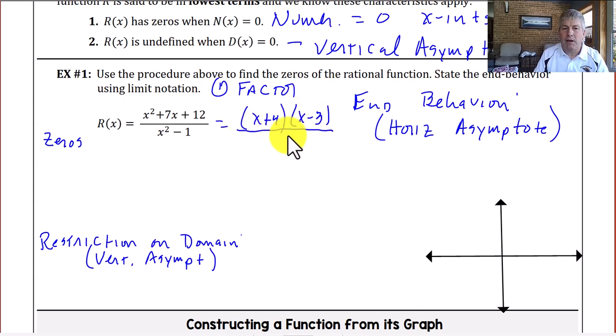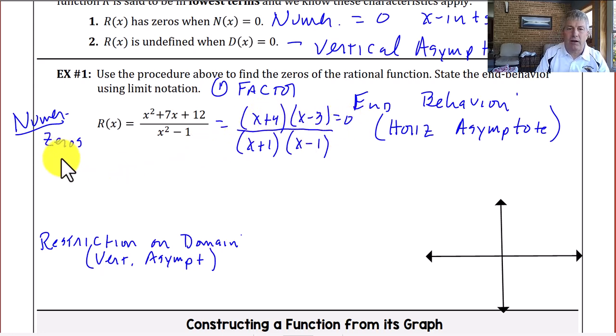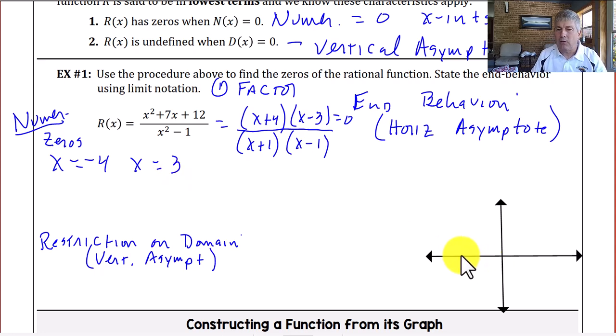And our denominator is a difference of two squares, so that just factors to x plus 1 times x minus 1. So the zeros, or x-intercepts, are going to come from the numerator. We set that numerator equal to 0 after we factor it, and our zeros are x equals negative 4 and x equals 3. And we might plot those on our graph at negative 4 and 3.